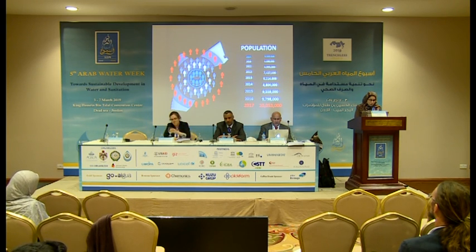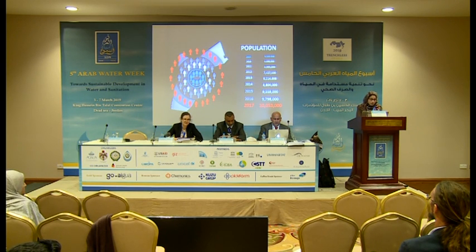For the population of Jordan, we see that the population in 2004 was 5.5 million, and in 2017 this number doubled to 10 million. The sudden increase happened during the period from 2011 to 2015 as a result of the Syrian crisis.